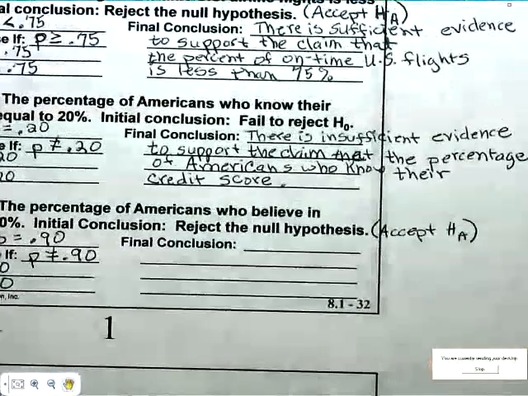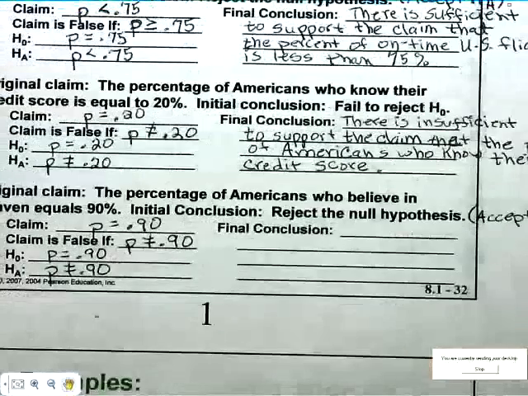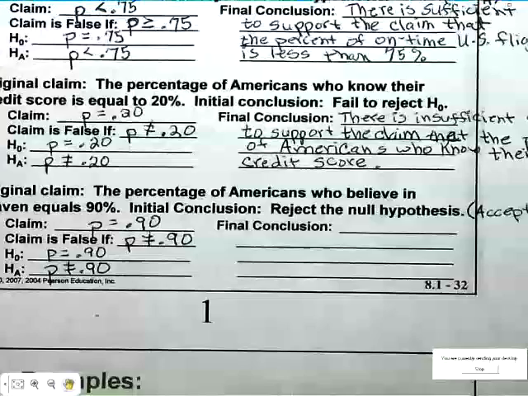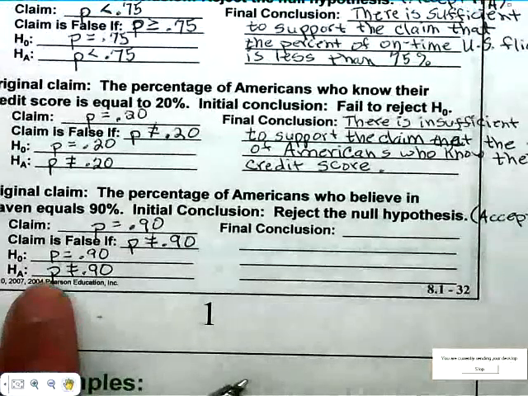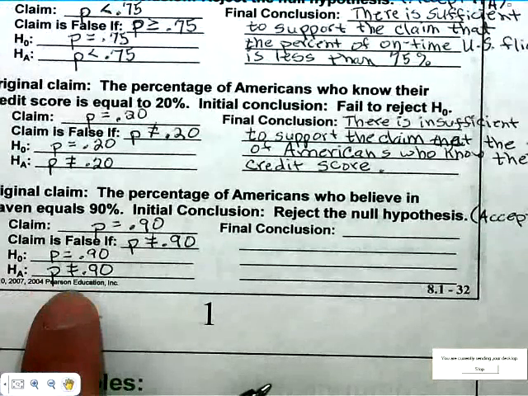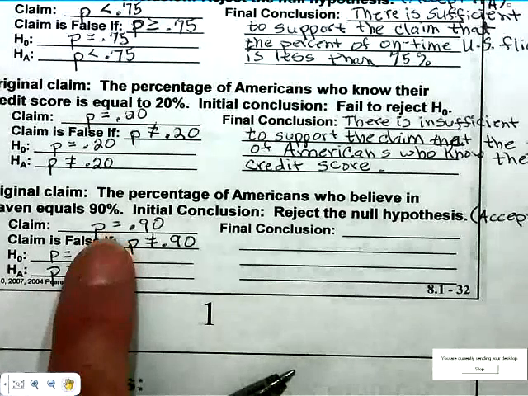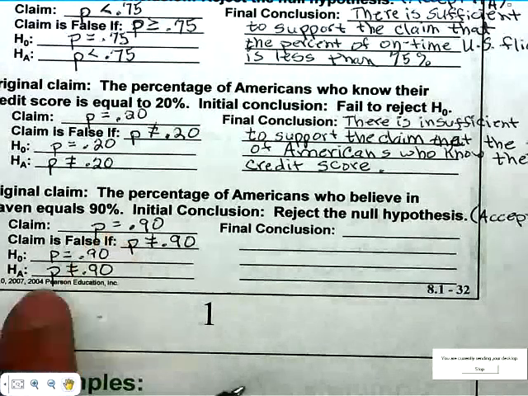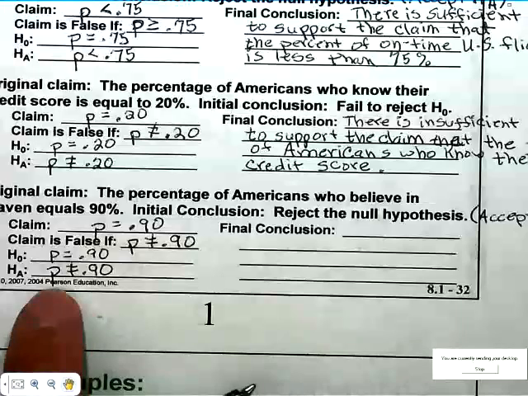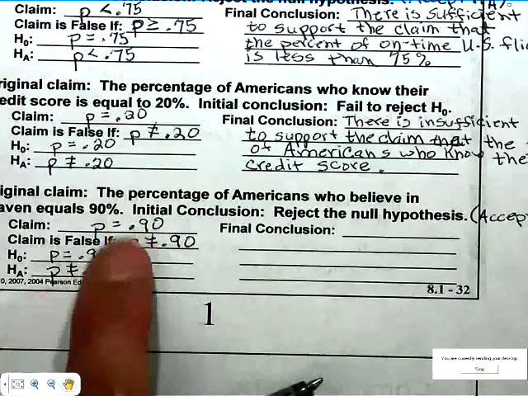What is the alternative hypothesis? We've proven that P does not equal 0.9. Now, what does that say about the claim? It says the claim is false. Not, we don't know one way or the other, but we have enough evidence to suggest that the percent of people who believe in heaven is not 0.9, so we have enough evidence to reject the claim.